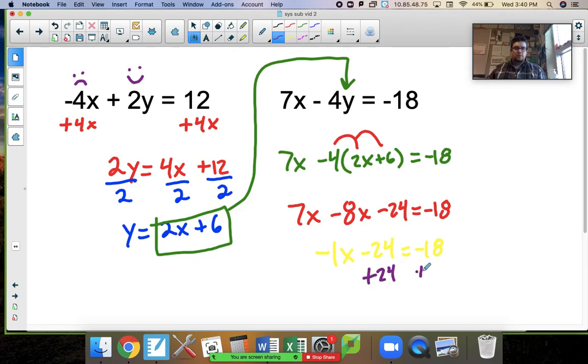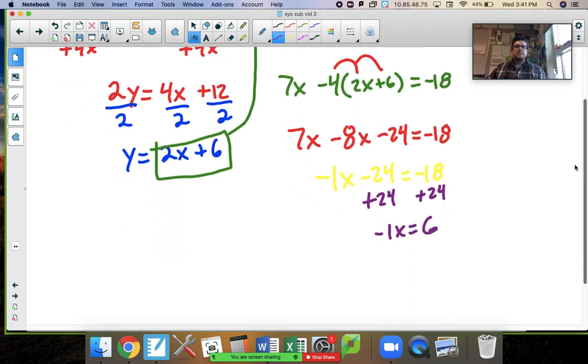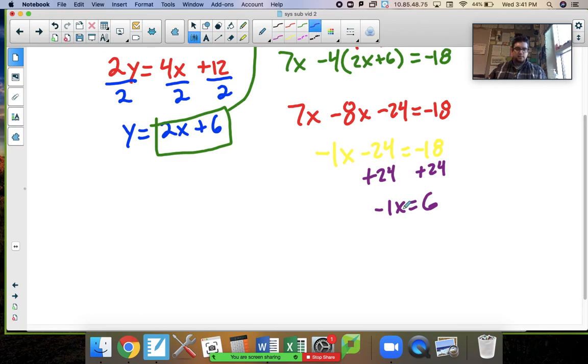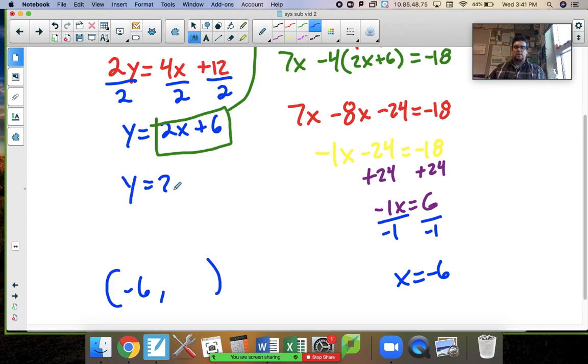Add 24 to both sides. This isn't x. It's a -x, so we got to get rid of that -1. And there's our answer, at least half of our answer. We're going to plug it back in up here. y equals -12 plus 6, so y is -6.